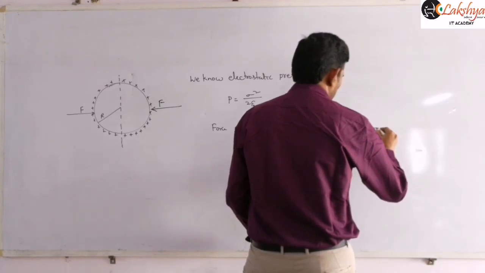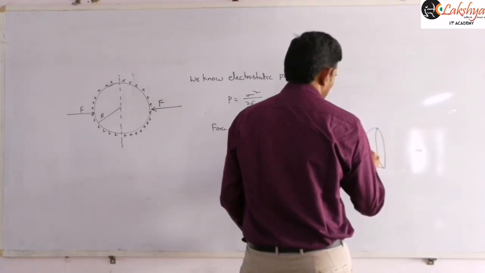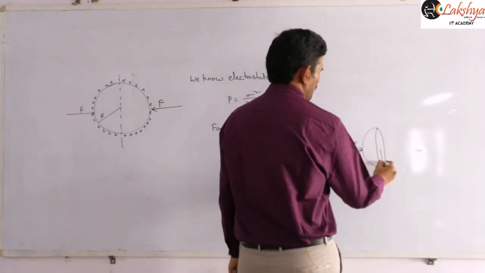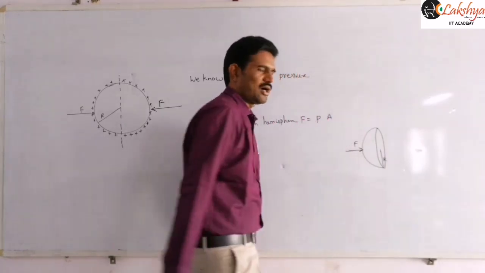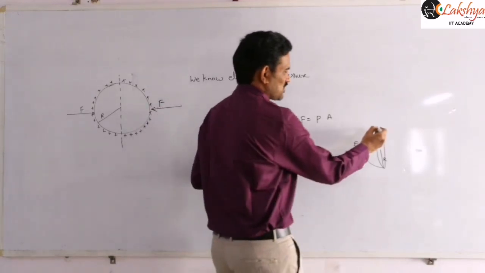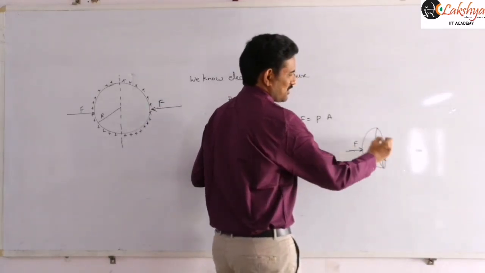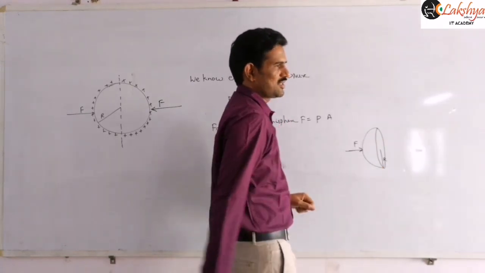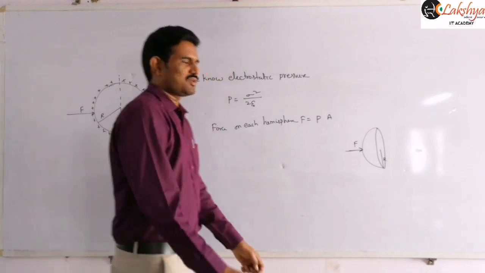Its projection is a circular disc of radius r. This is the projection of that hemisphere. So we need to calculate the force acting on that hemisphere.